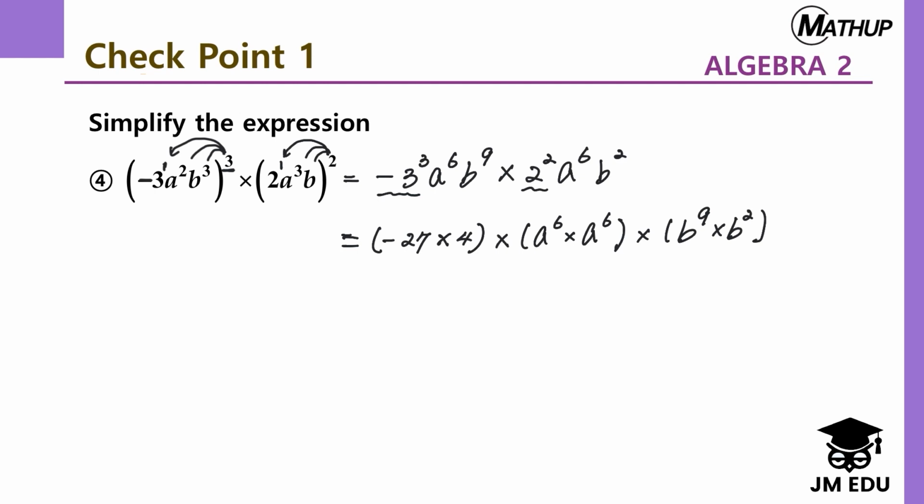So what's 27 times 4? 27 times 4 is equal to 4 times 7, 28. 2 times 4, that's 8. So 8 plus 2, that's 10, right? So that's negative 108. And we have to add these two exponents, right? 6 plus 6, that's a to the 12. 9 plus 2, that's 11. So b to the 11.